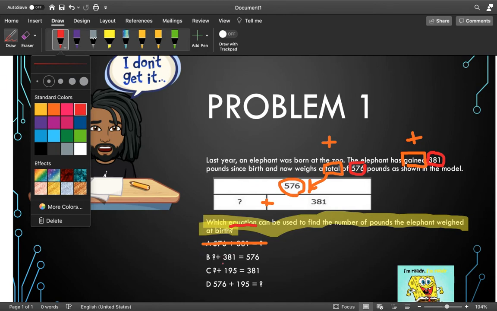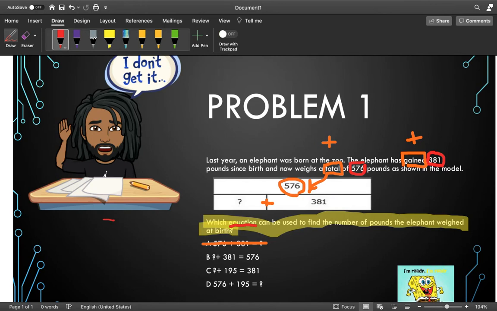Now, if we want to find out exactly what our unknown quantity is, one step we can do is subtraction. So we have 576 as our total. We can subtract the given quantity from it to find out what our unknown quantity is. All right, so let's go ahead and do that right quick.